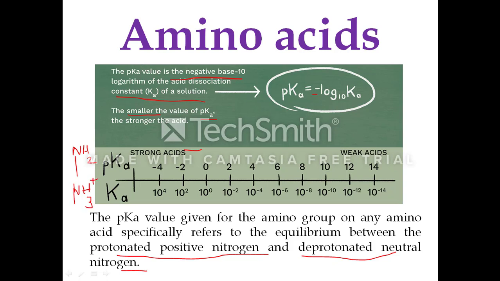This defines the acid dissociation constant or the pKa value of the amino acid. The smaller the value of pKa, the stronger is the acidic nature. The higher the value of pKa, the lesser is the acidic nature.